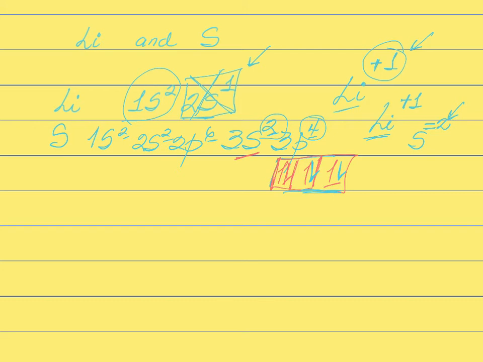So let's say that we want to write the chemical formula for the compound made by lithium and sulfur. You need 2 ions of lithium per 1 of sulfur. And this is my chemical formula of that ionic compound that was formed.